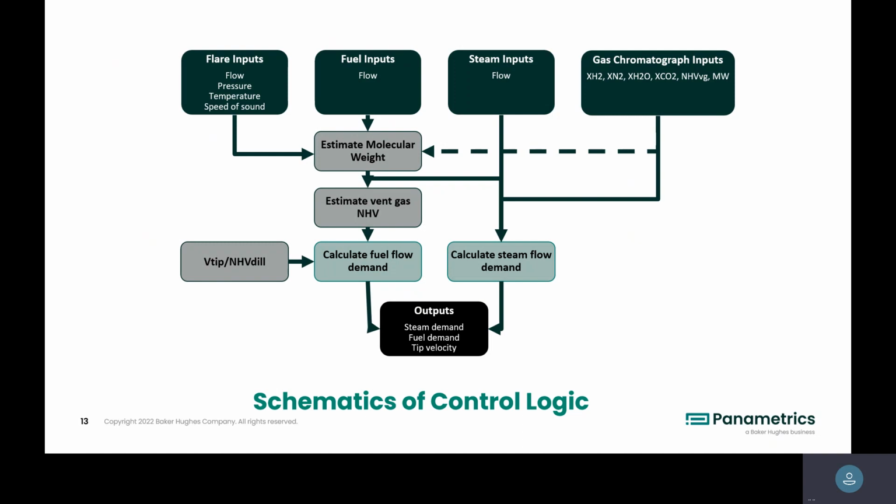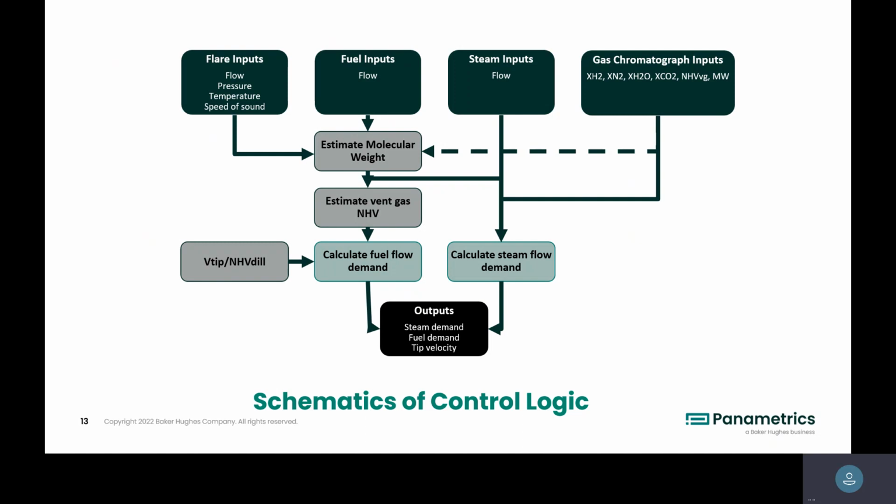Also, because of the rules, you can use 12 BTU per scf for hydrogen instead of 270 BTU per scf. So you can use less fuel if you're burning a lot of hydrogen. If you measure that, you can take the credit and use less fuel.